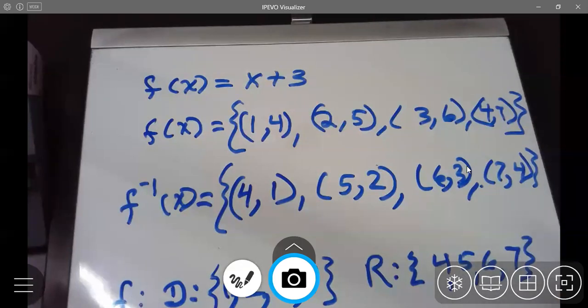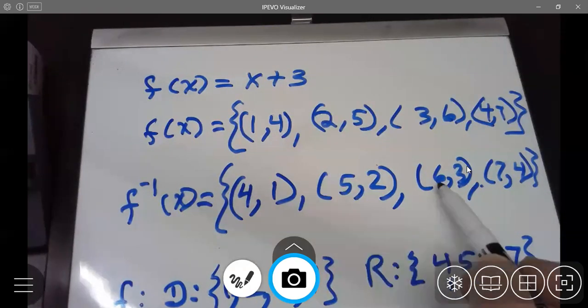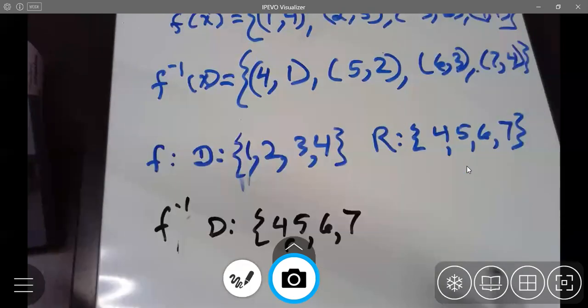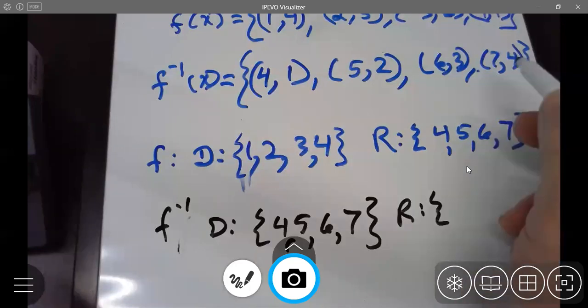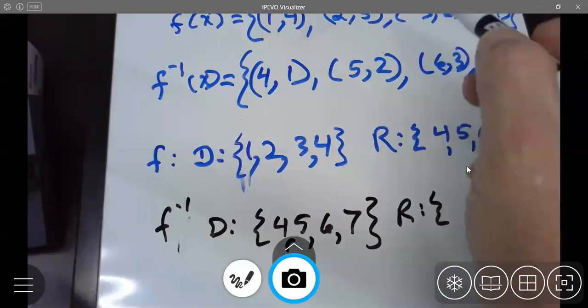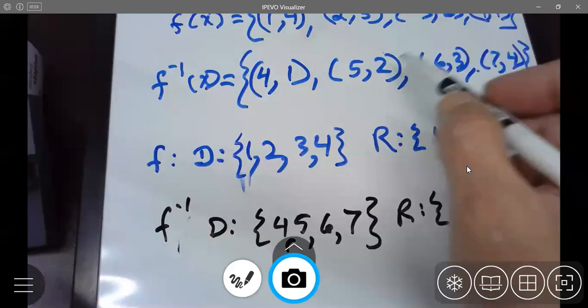So now for the inverse function, the domain and range are switched. So now the domain is 4, 5, 6, and 7. And the range is 1, 2, 3, and 4.